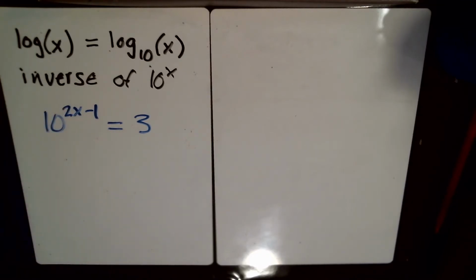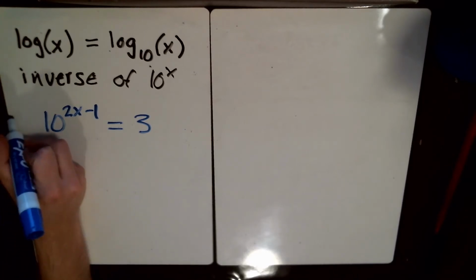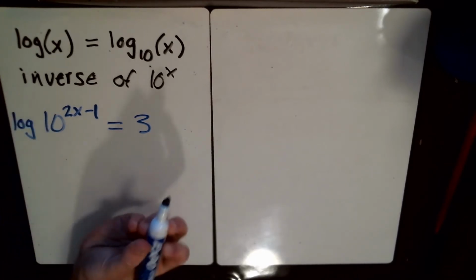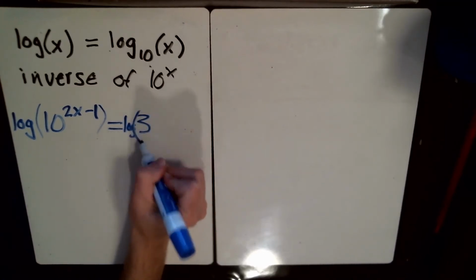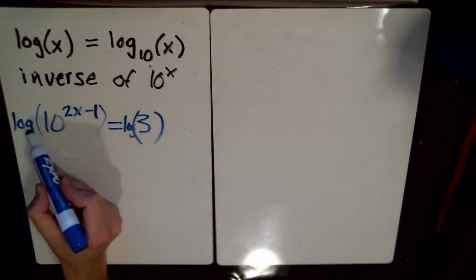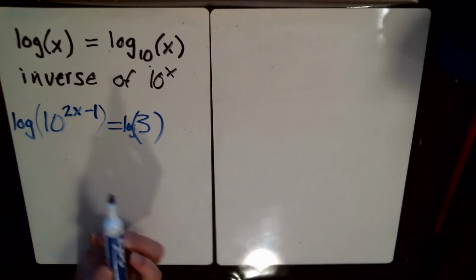We're going to use a log base 10. You can always write base 10 if you want to, but the standard convention is we don't write the base for base 10. So I would just take log of both sides. Log and 10 to the x are inverses of each other, so these cancel out.